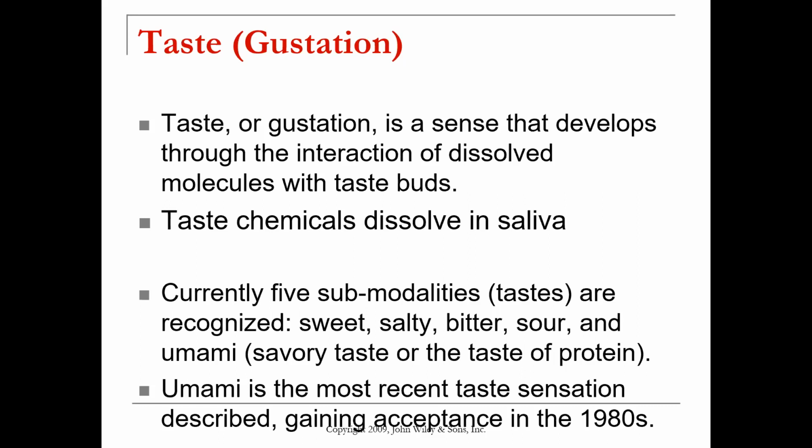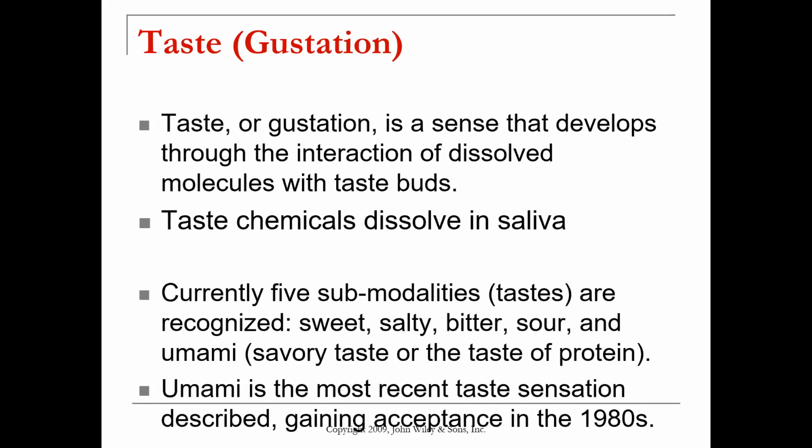Now, in our mouth, we can detect 5 different categories of taste. Of course, the chemicals that are in the food have to be dissolved here in our mouth. We can pick up the flavors of sweet, salty, bitter, sour, and what's called umami.